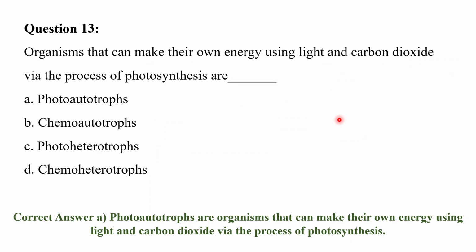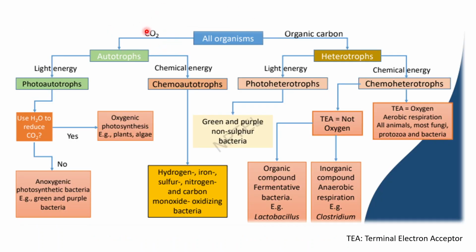So you understand. The question was about an organism that can make its own energy using light and carbon dioxide. Using carbon dioxide as the carbon source and light as the energy source, these organisms can produce their own energy. Own energy means they can produce their own ATP.